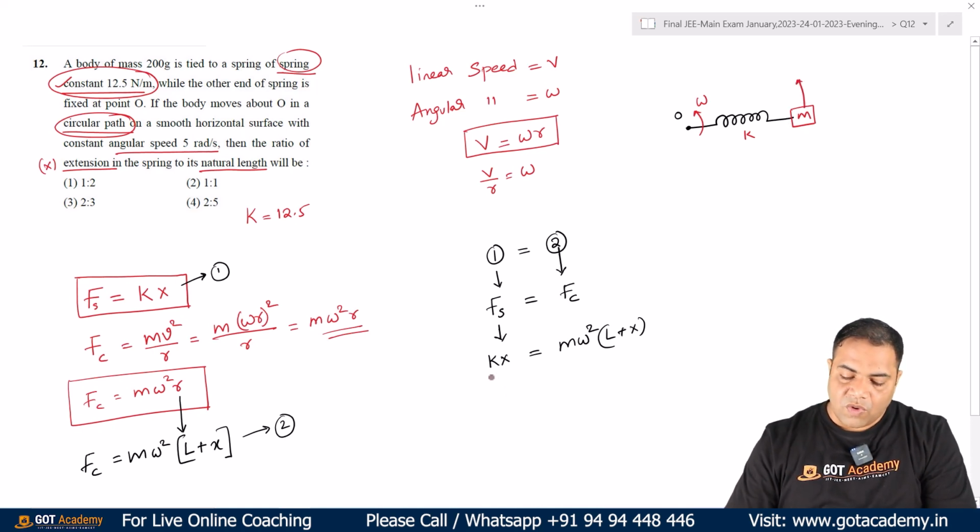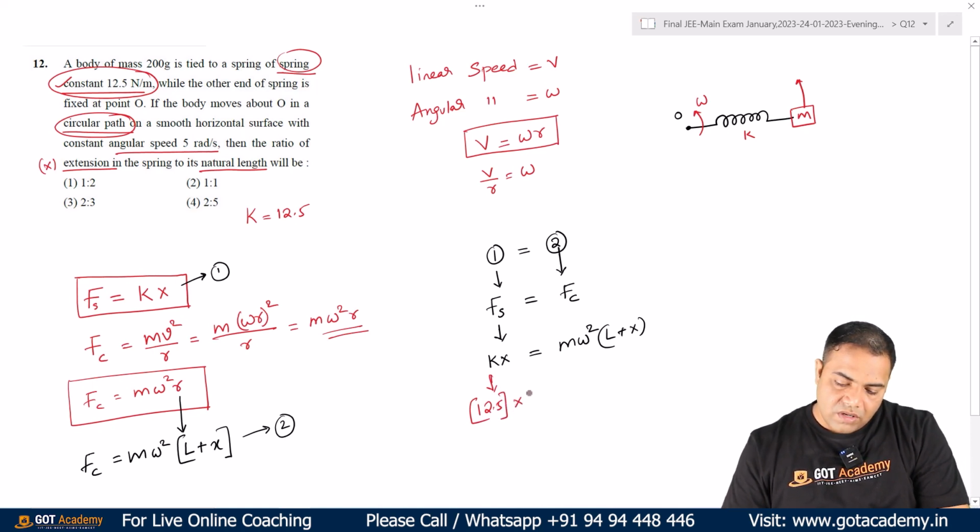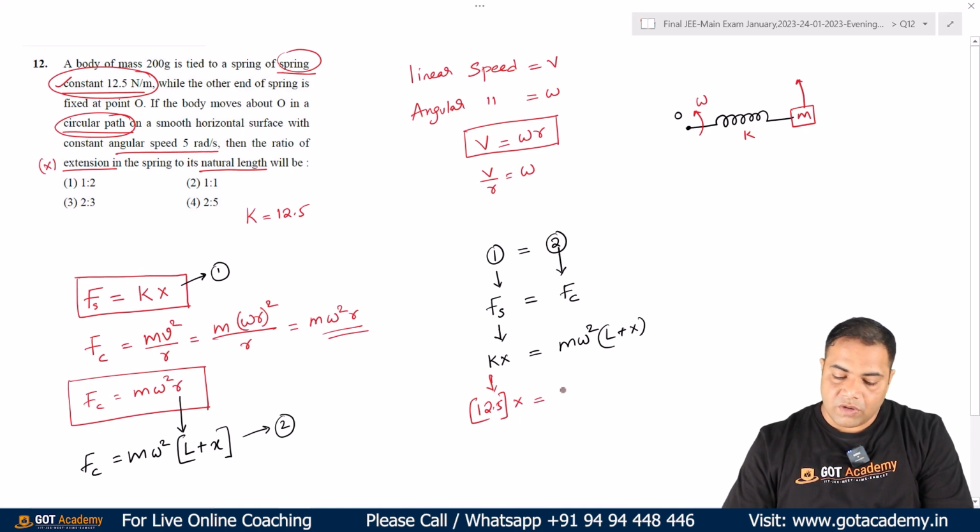So let us substitute. What is the value of k here? K is nothing but 12.5. We don't know the value of x, that we have to find out. Mass m is given as 200 grams.